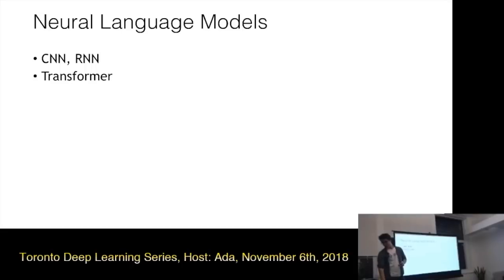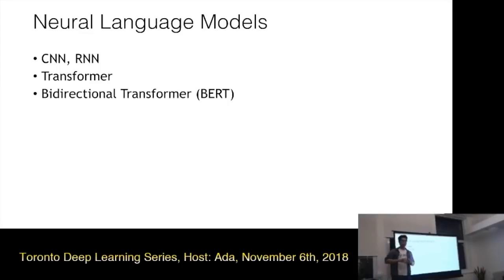And this was very parallelizable, and it completely replaced recurrence and convolution. In fact, if you look at a lot of the current NLP models, they're all these type of massive attention models. Precisely one of them is the Bidirectional Transformer, BERT.